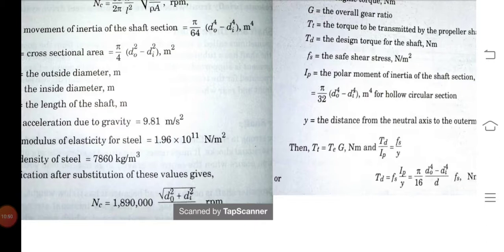The propeller shaft can also be designed for a given torque rating, which is the torque required to stretch it to the elastic limit.